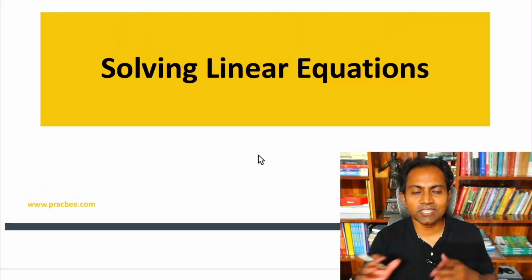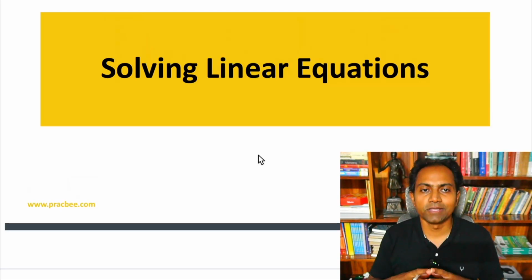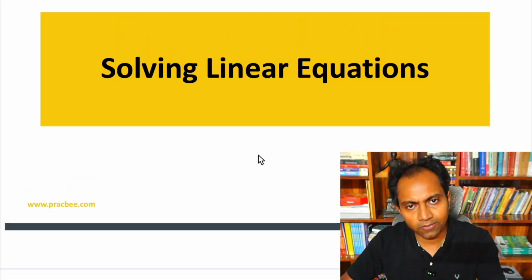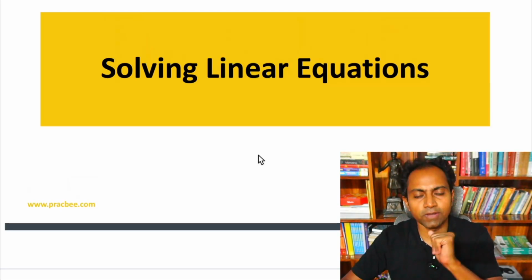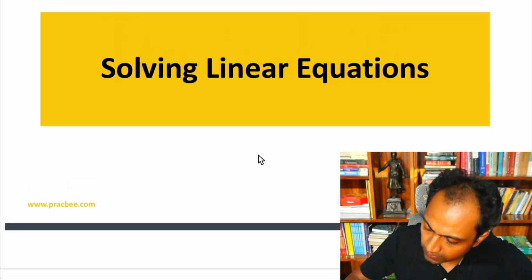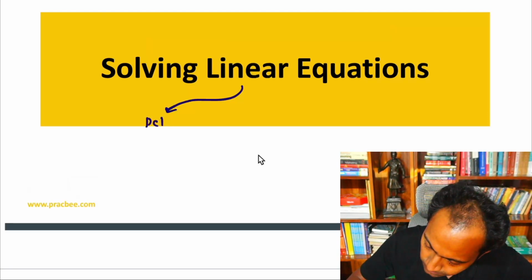Now the next section that we are going to discuss is a very important one. We are going to look into solution of linear equations. Now for all practical purposes, generally we will be dealing with linear equations in 3 variables, though it is possible to solve it for n variables as well. Now there are two methods in place. One method is using determinants.